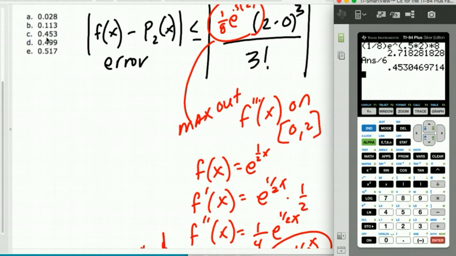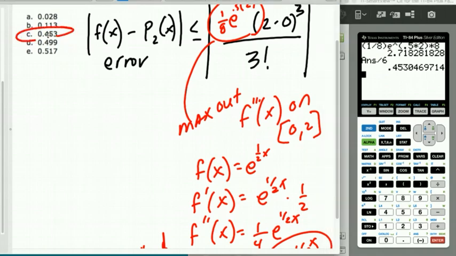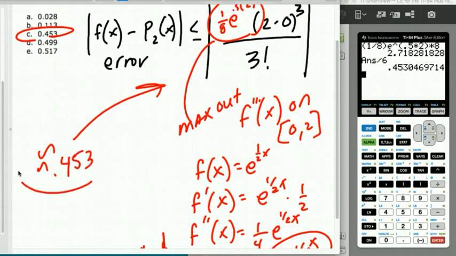And so I get C. Even though this is a calculator question, it's mostly only a calculator question because you would not be able to get the decimal by yourself.